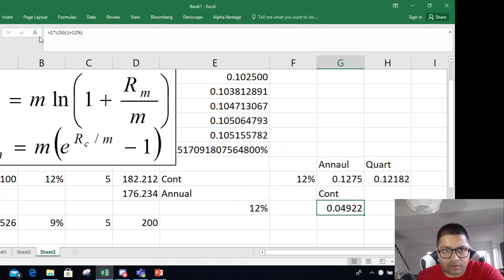So let's do it for, let's say, quarterly. We want to find the quarterly rate, 4, and this should be divided by 4.